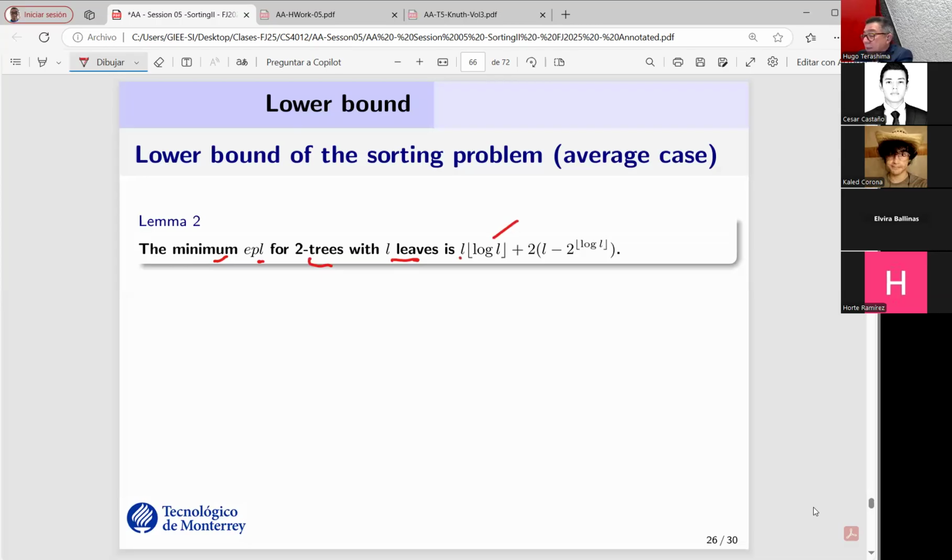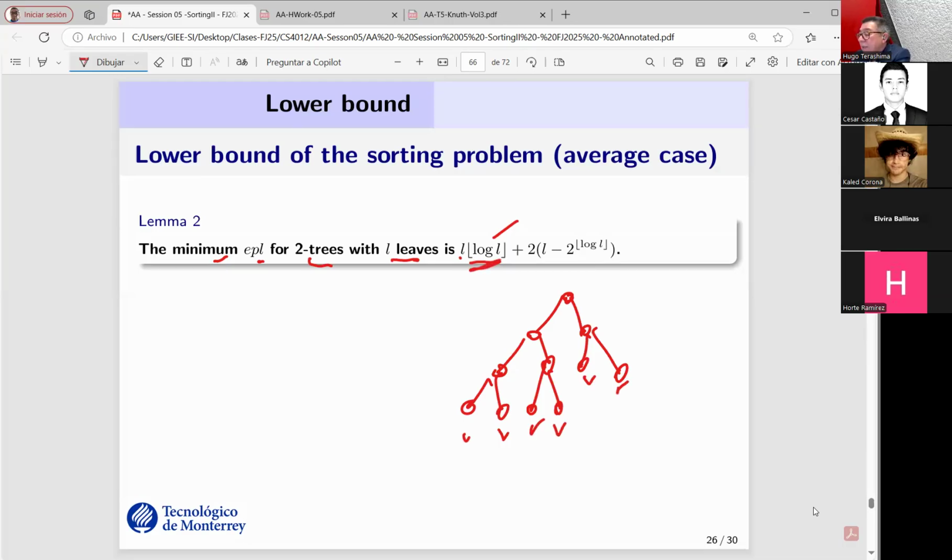L floor of log L, plus something. Let me see. I'm going to give you an example again. So how many leaves do I have here? 1, 2, 3, 4, 5, 6.